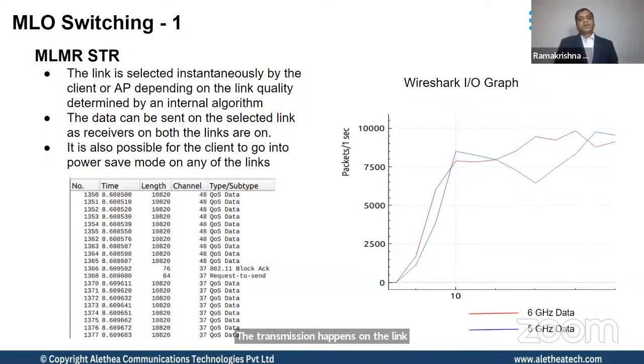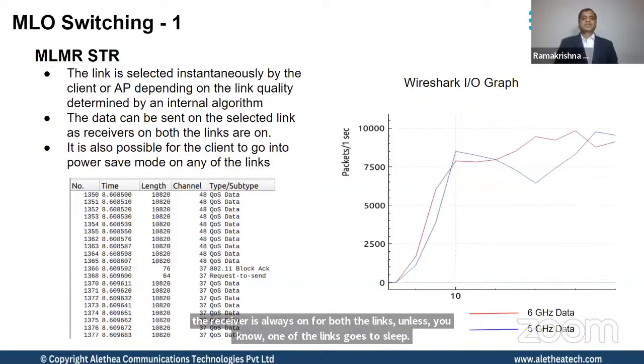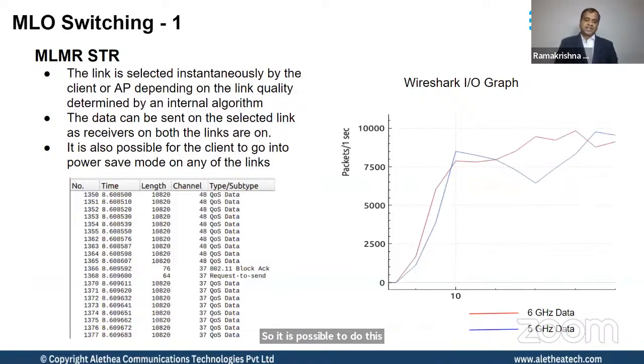Since the receiver is always on for both the links, unless one of the links goes to sleep, it is possible to do this transmission so easily. So there is no additional signaling. It can just transmit on the other link just like that. I showed a typical trace here. So we have a transmission on channel 48, which is the 5 GHz channel.